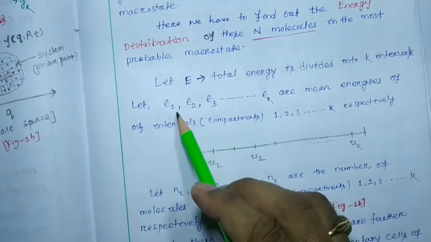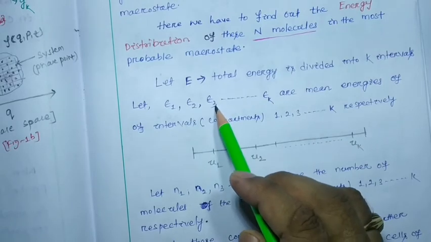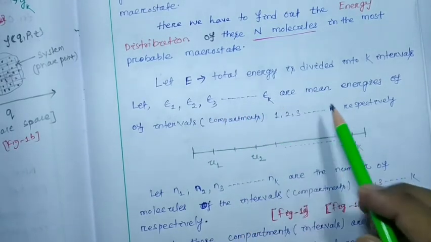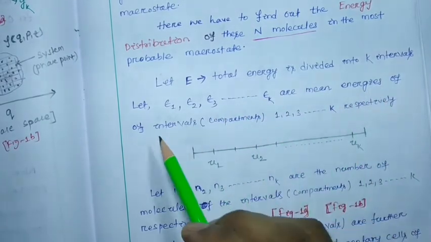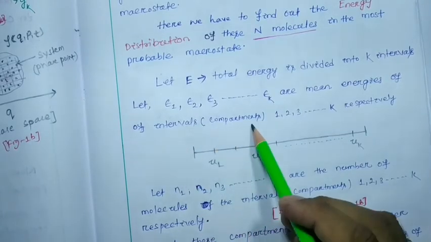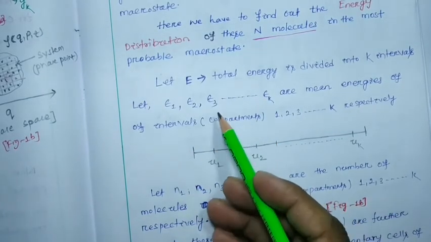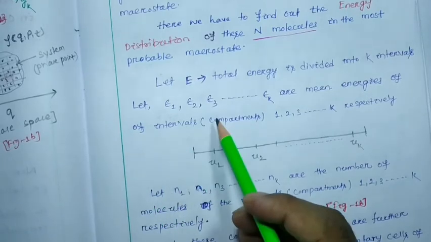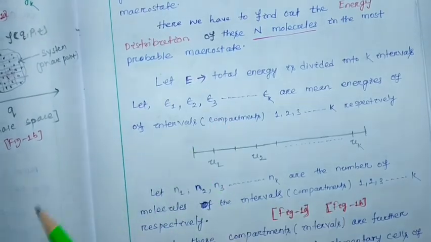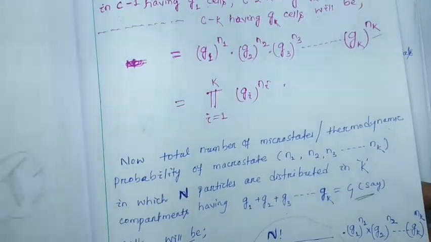Let epsilon 1, epsilon 2, epsilon 3 up to epsilon k be the mean energies of intervals or compartments. I am comparing these with the compartments we have discussed.